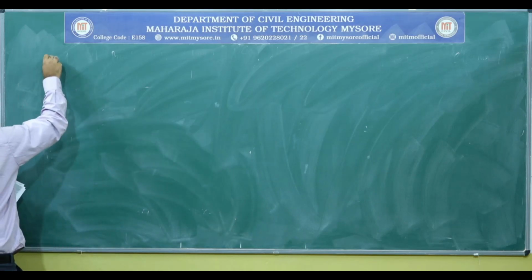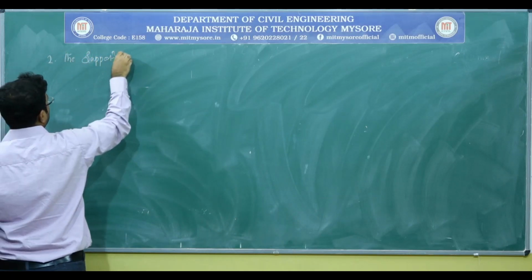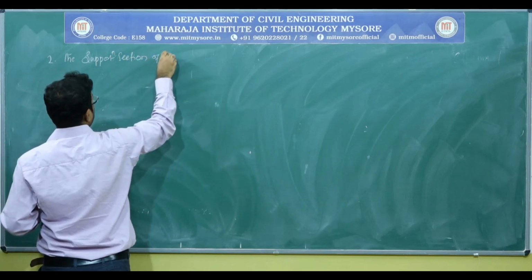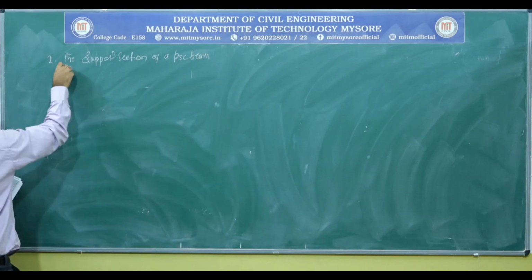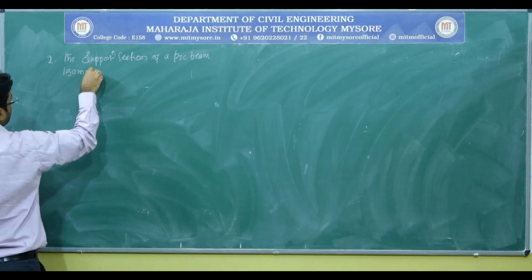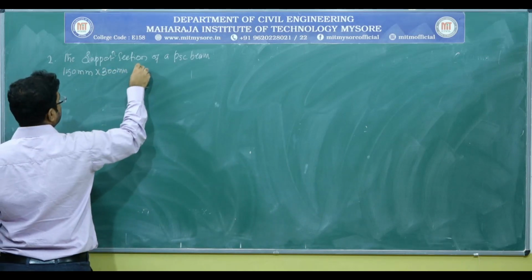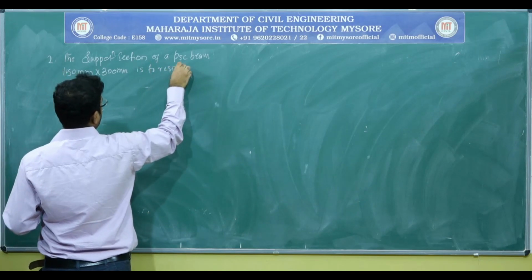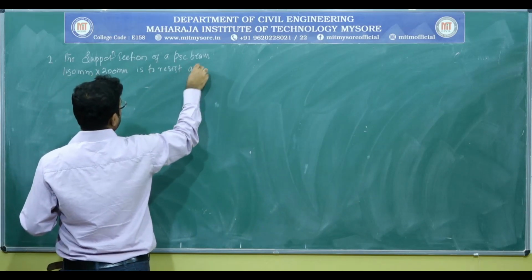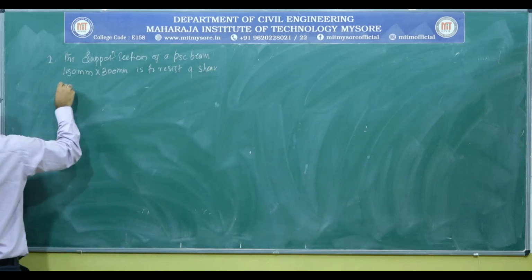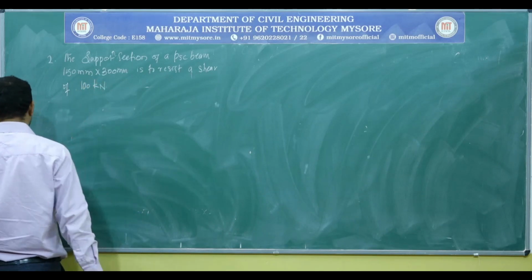The support section of a PSC beam, 150 millimeter into 300 millimeter, is to resist a shear of 100 kilonewtons.